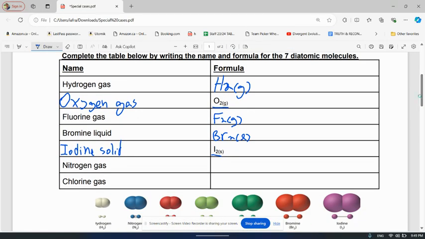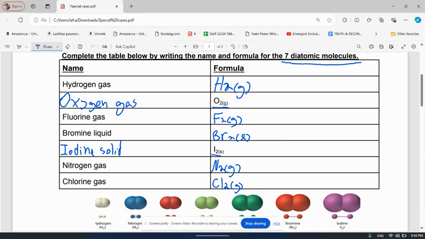If you see nitrogen gas, you know that means the diatomic version. If I just said nitrogen, I probably mean the element on the periodic table, just N. Chlorine gas, that's the diatomic version. If I simply said chlorine, I likely mean the element on the periodic table. So you do have to remember these 7 diatomic molecules, they're going to be very important, especially when we go into chemical reactions.